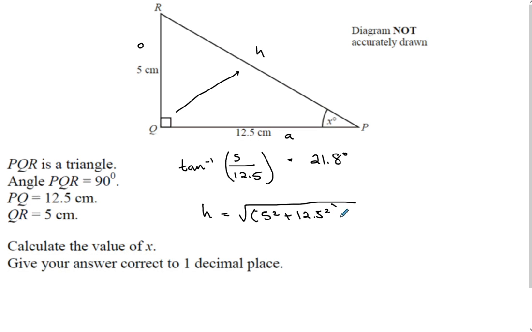I don't actually do it the long way, I'm just going to do it all in one go. So I square root the whole total, just make sure that's in brackets, and you get 13.5 centimeters. And we're really happy with that because you can see the 13.5 centimeters is the longest side, which is the hypotenuse. All right, okay.